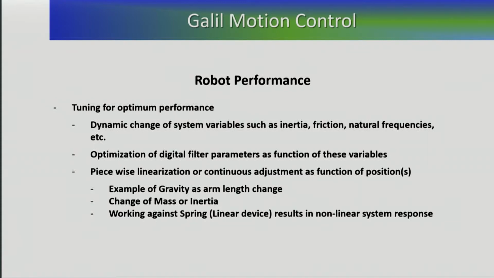So you can define how much of an impact you have, and it's just going to be a function of your gear reduction and transmission. How much does that change when you have a payload and it's extended out versus completely retracted?